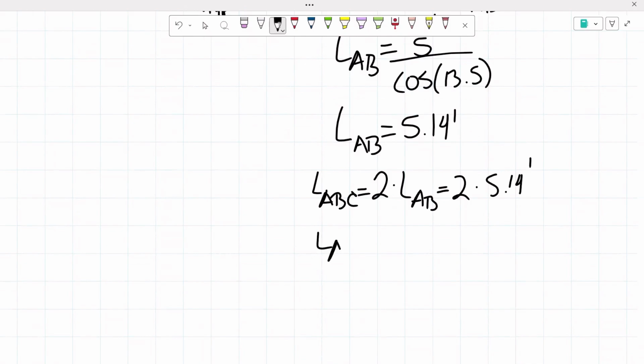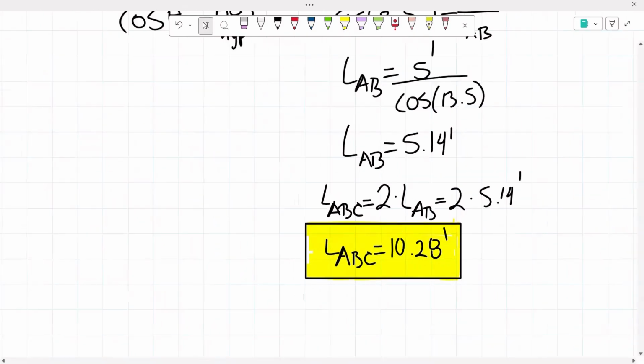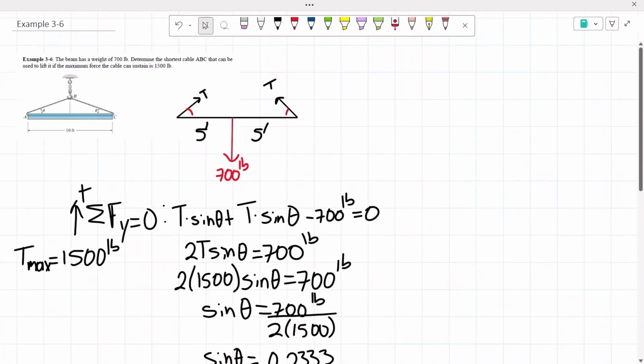That means the length of ABC equals 10.28 feet. And just like that, we were able to determine the shortest that the cable could be to be able to hold the maximum force, which is the 1,500 pounds.